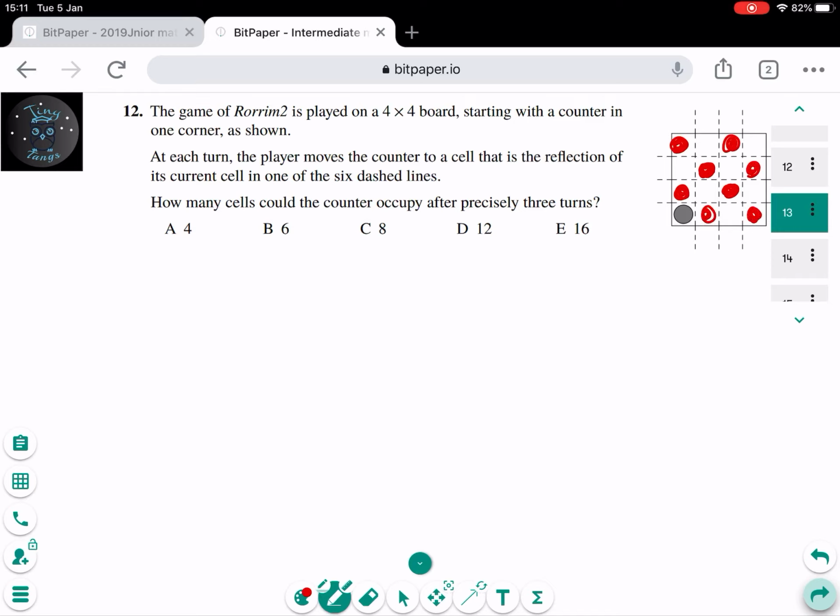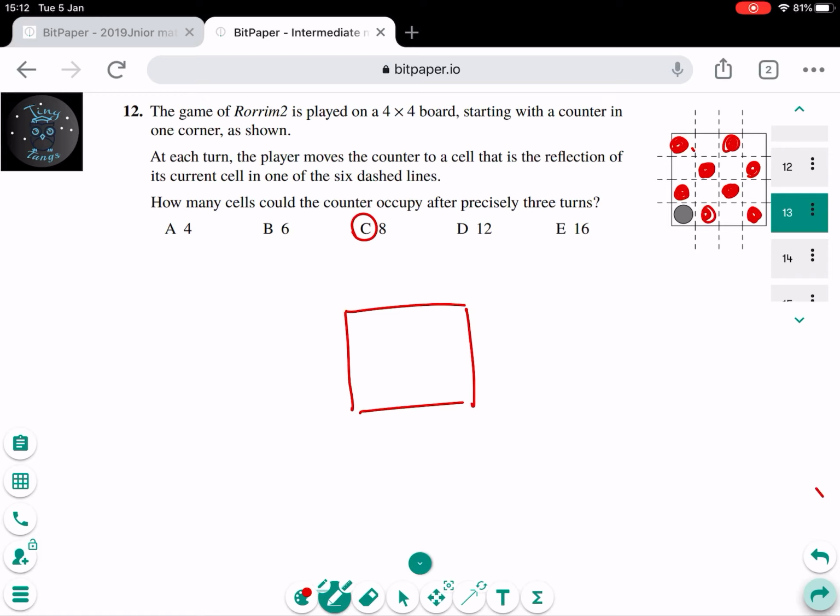If it was an even number, it would be a completely new grid. So let's draw a new one. Let's get to our answer first: 1, 2, 3, 4, 5, 6, 7, 8. So the answer is C, or 8.